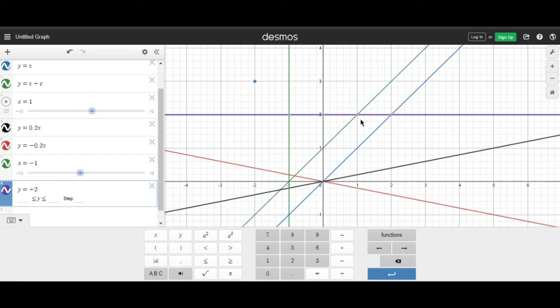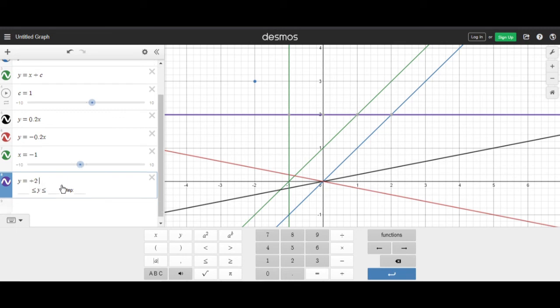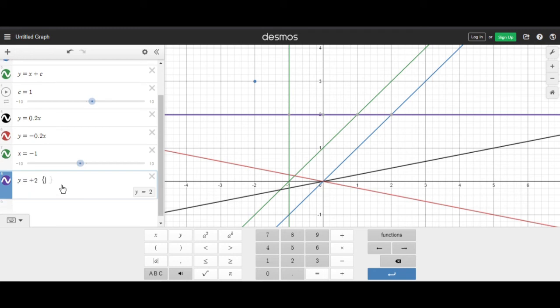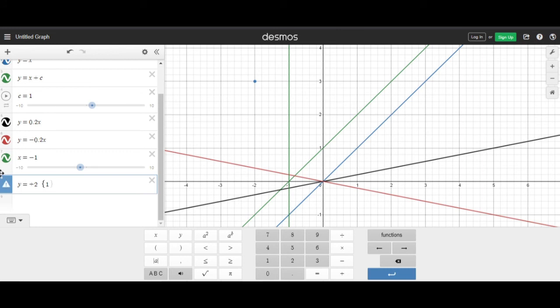Okay, let's work on this purple line. Suppose I want it to be from here till here. Okay, what do you have to do? Basically just look at the x coordinate here, it's 1, and what's the x coordinate here? 2. So you want this line to be from x equals 1 to x equals 2. So what do you have to do? Basically here, put a curly bracket, put the lower limit which is x equals 1, and here is the keyboard of the Desmos.